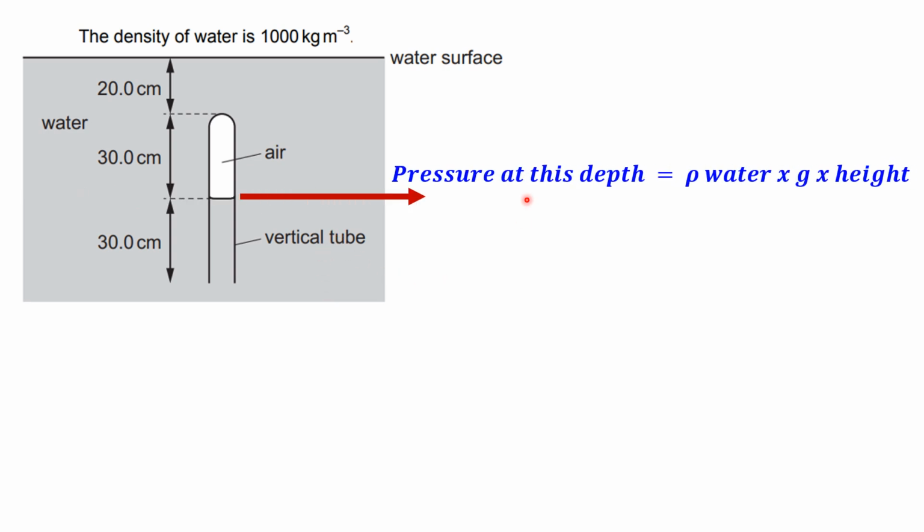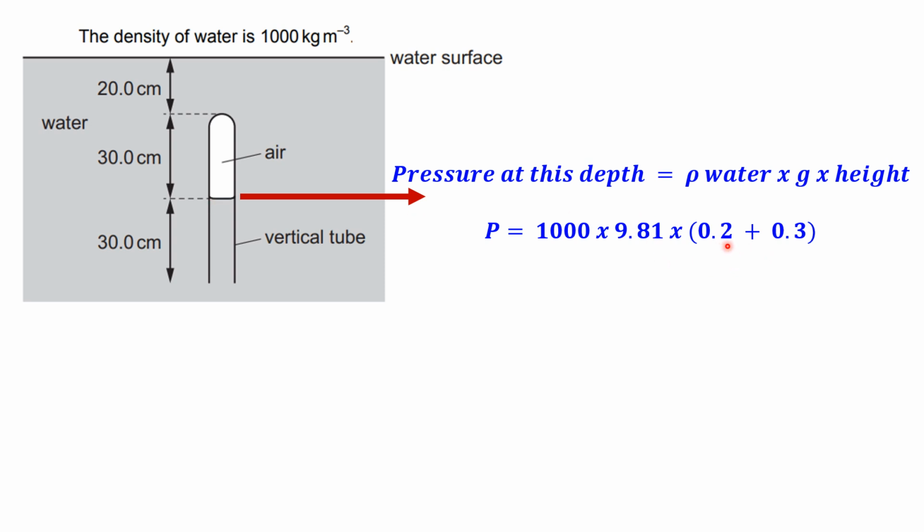The question is asking for the pressure at this depth, which is the density of the water times g times this height. The density of the water is 1,000, g is 9.81, and the height or depth is 20 centimeters plus 30, because that's the difference between the atmospheric pressure and this point right here.